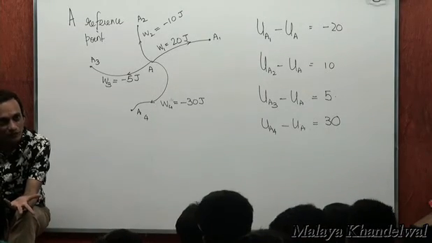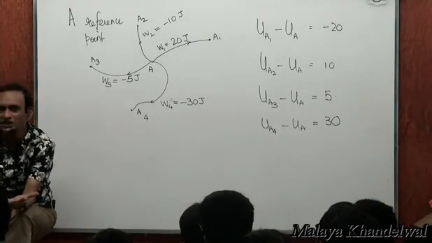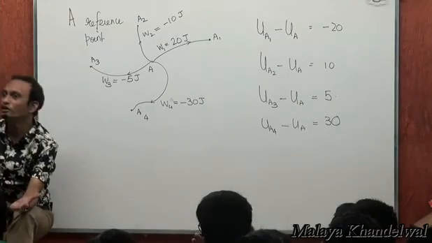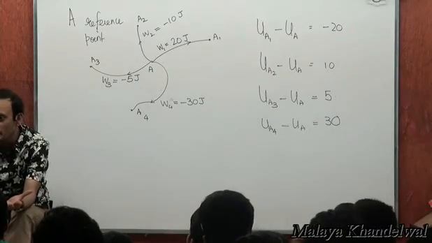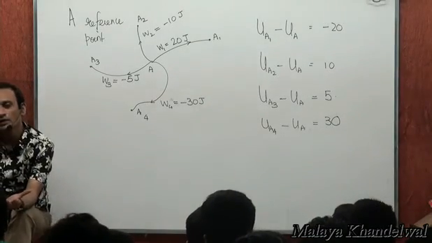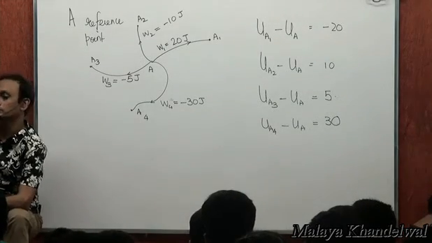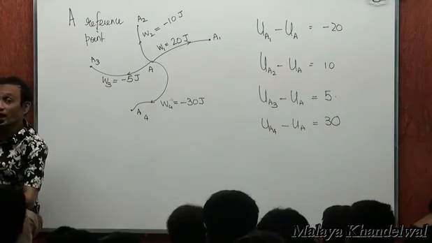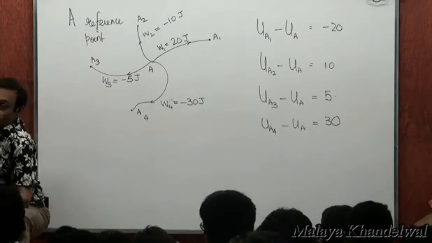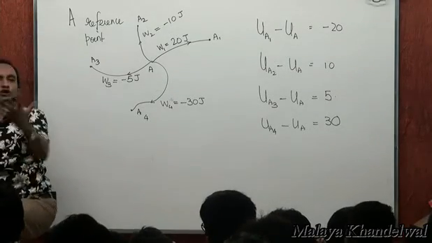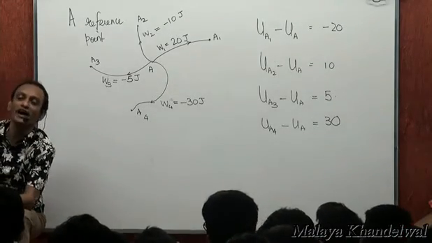Why not bring convenience for yourself, right? So I'll say, all right, A will be my reference point and I will choose UA as 0, because it does not matter what UA is.